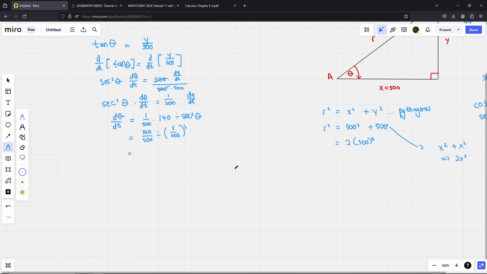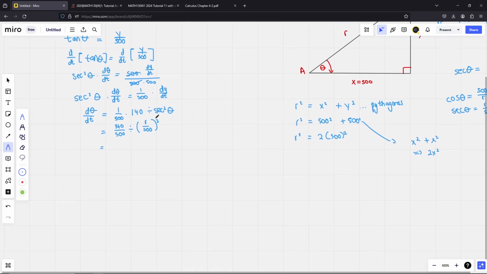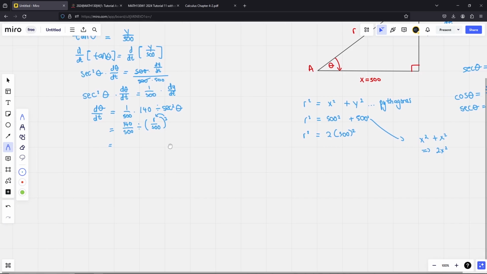So let's put my equal to in. Remember this is just r squared. If I distribute this exponent, that's going to be the same thing as r squared over 500 squared by exponent laws. And we have an r squared, so I'm not going to take the root of both sides. We already have an r squared. So let's sub that in.